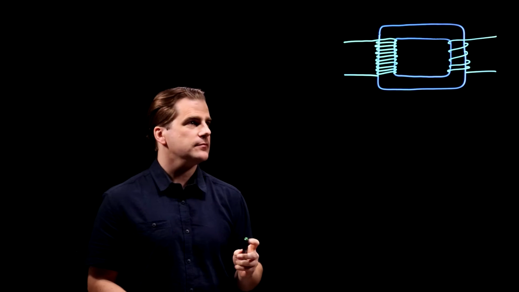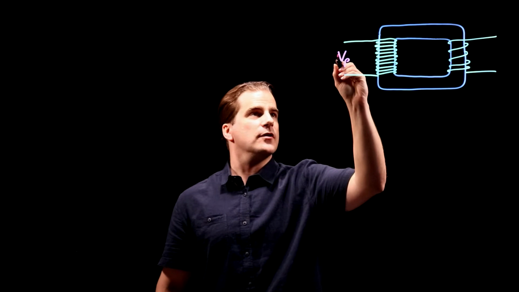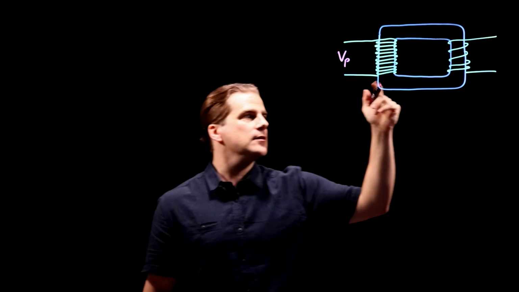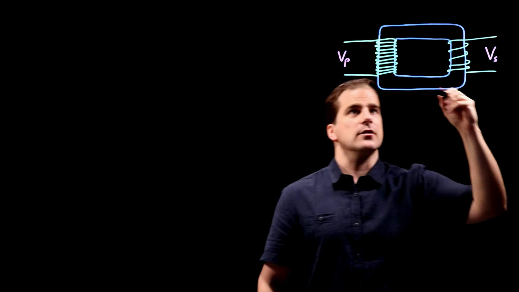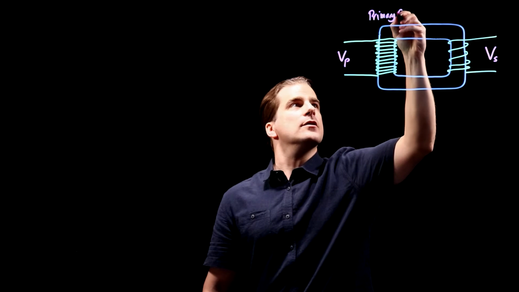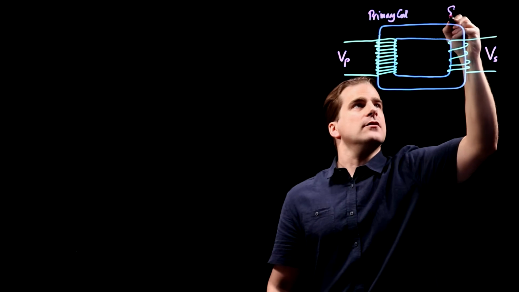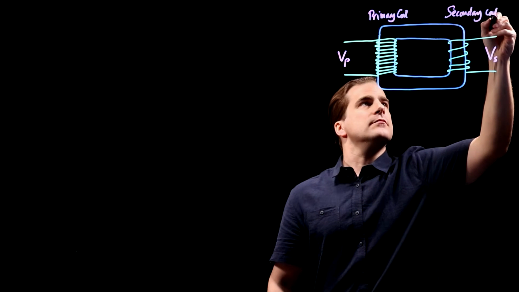Okay, and they both have a different number of turns. So, this is the primary coil voltage that we put in, and we get out a certain voltage of the secondary coil. So primary coil, secondary coil.